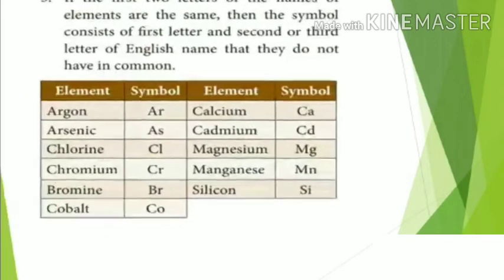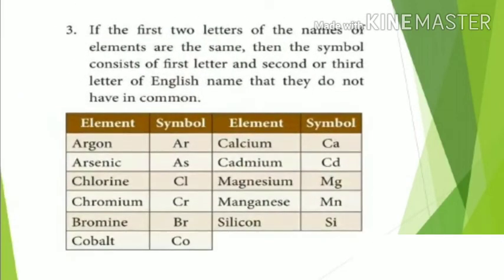Now let's see the next one. If the first two letters of the names of elements are the same, then the symbol consists of the first letter and the second or third letter of the English name that they do not have in common. For example, see the first one, argon, and the second one, arsenic. Both have the same first and second letters.